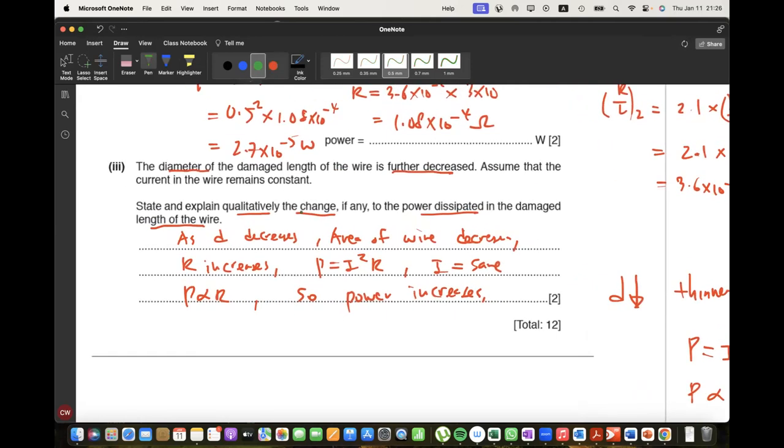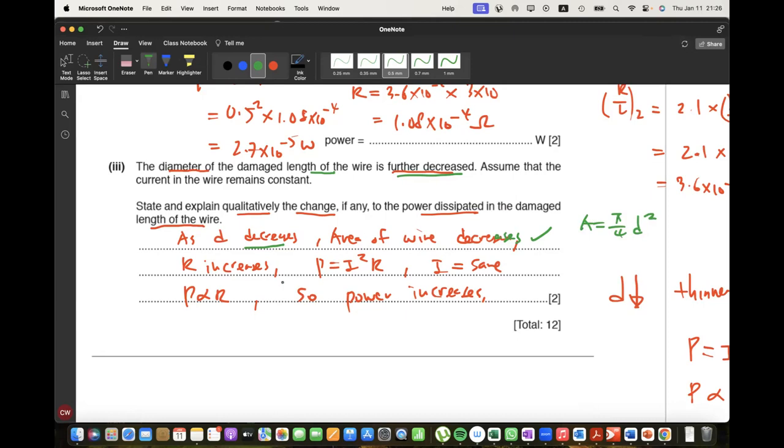Okay, so this one just see the thing, further decrease. So here the tail decreases. Then the area of wire decreases again, because area is pi over 4 d square. If the d decrease, A will decrease.